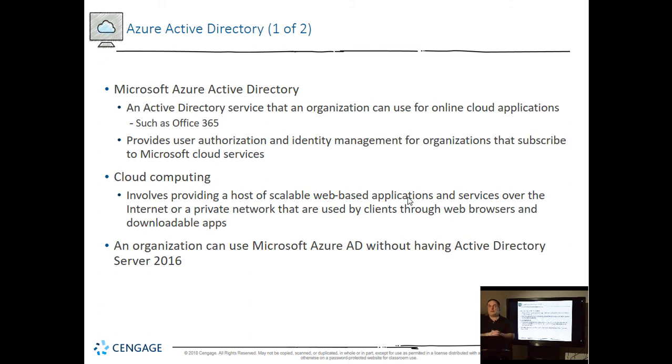So now we're into a new era of cloud computing, and not everyone is going to have their domain controllers on site. Some are going to have them in what's called a private cloud, which is maybe a data center where the admin of that company controls it. And in other cases, you're going to be in the public cloud, such as Microsoft Azure.